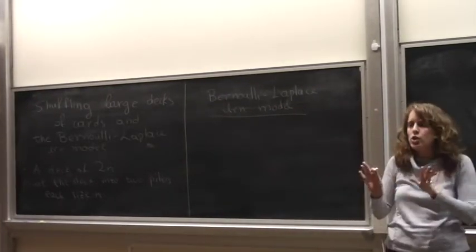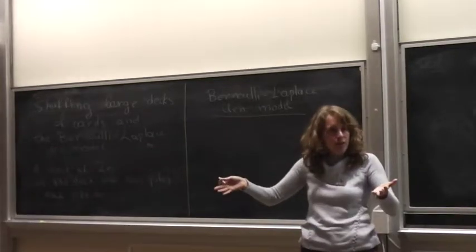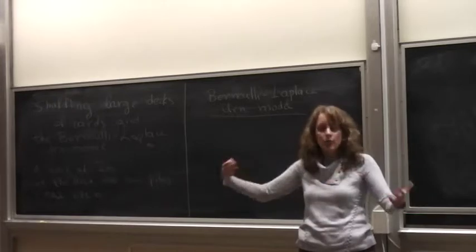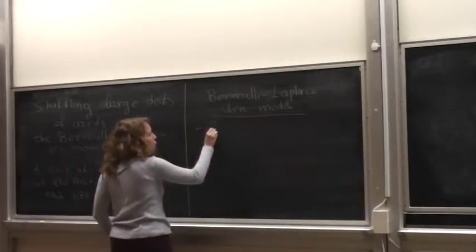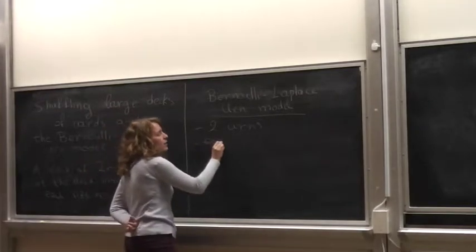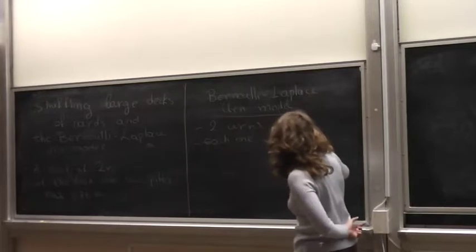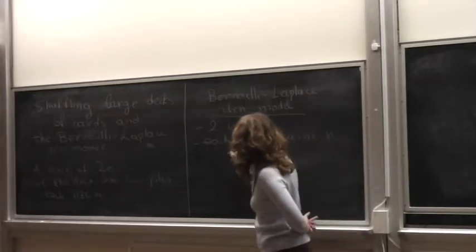Why two? Because that's how many piles we also have. If I had more piles, something that I'll discuss at the end, I would have more urns. So start with 2 urns. Each one contains n balls.